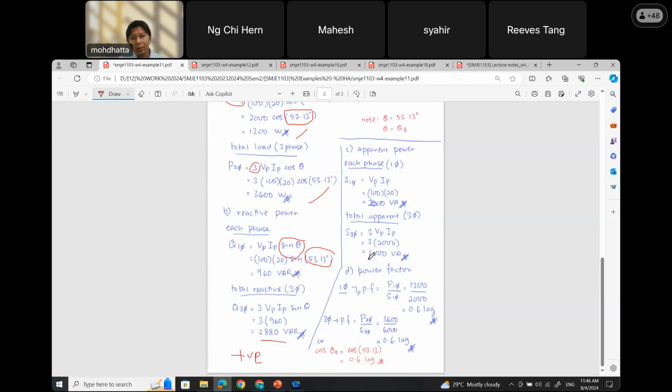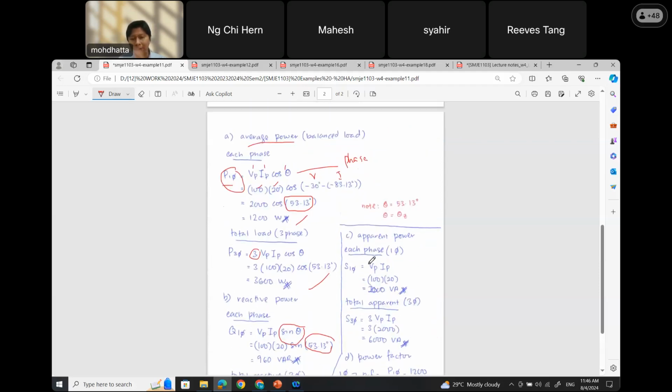For the apparent power, you must understand that apparent power is the magnitude of our complex power. If you don't put the magnitude symbol, I will still accept that, but in terms of your understanding, you need to understand that this is a magnitude. We don't have any angle over here.